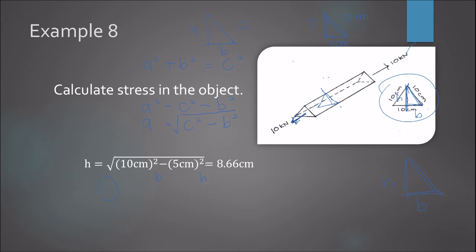So A is H. C here is 10 cm, you can refer here. C is 10 cm, power of 2, minus 5 cm, power of 2, because B is 5. Now you take the square root, and you get the value of H.